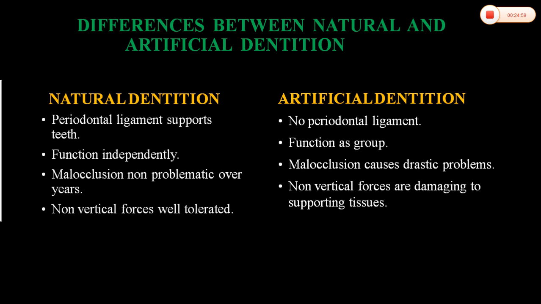So any force applied on the tooth obliquely or horizontally is known as a non-vertical force. Non-vertical forces are well tolerated by natural teeth, whereas these non-vertical forces are damaging to the supporting tissue. These are heavy forces which cause damage to the supporting tissue in the case of artificial dentition.